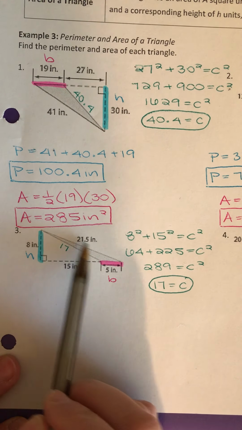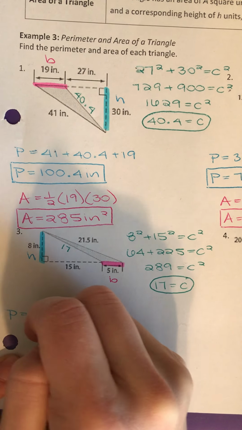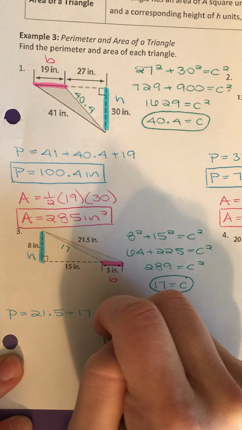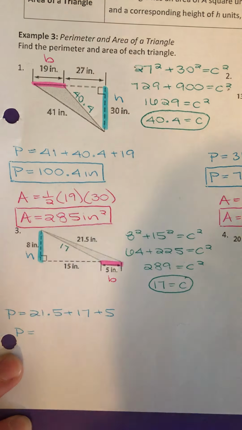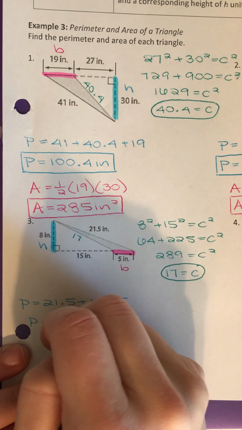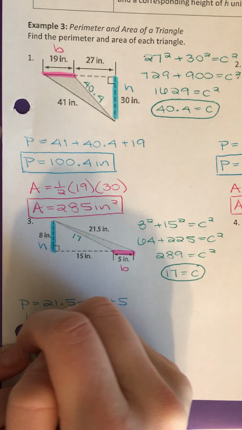So remember, I'm doing the perimeter of the shaded part. So I'm going to do 21.5 plus 17 plus 5. I will get 43.5 inches is my units.